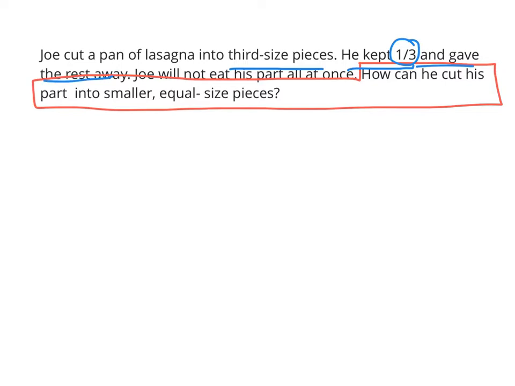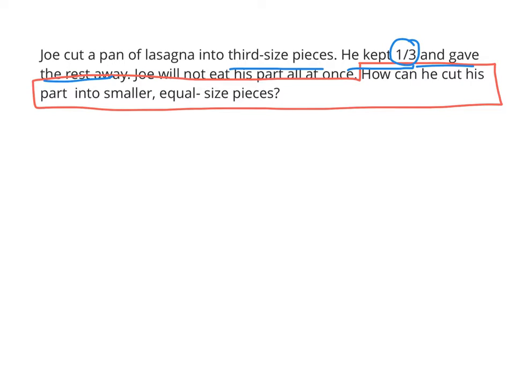Joe will not eat his part all at once, and that is why he wants to cut it into smaller, equal-sized pieces. So that makes sense. So remember, the first thing that you need to do in order to solve word problems is to think about it until it makes sense to you. So, basically, in this investigation, you have to find other fractions that name the same amount as, or are equivalent to, 1/3.